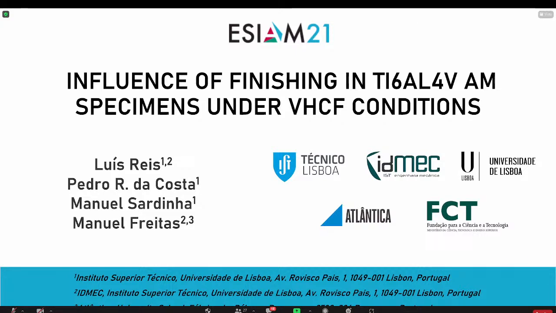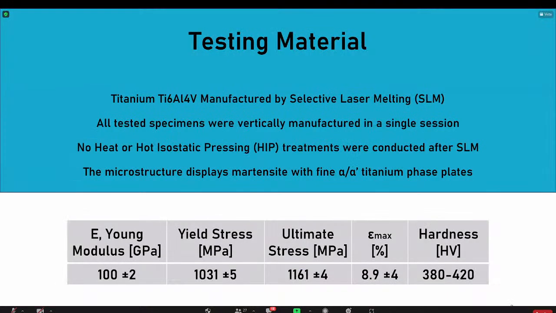So greetings, everyone. We will be presenting a gist of our study on the influence of finishing in titanium Ti6Al4V AM specimens under very high cycle fatigue conditions. So we tested Ti6Al4V manufactured by the selective laser melting method.